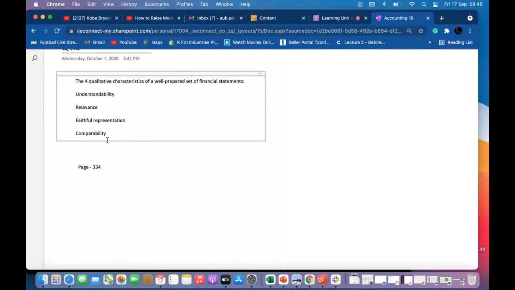Then faithful representation. In order for financial statements to be considered faithfully represented, they should, to the maximum extent possible, be free from error, complete and neutral. They should be a fair representation of financial performance and position. Lastly, they should represent the substance of each transaction or event and not just the legal form.